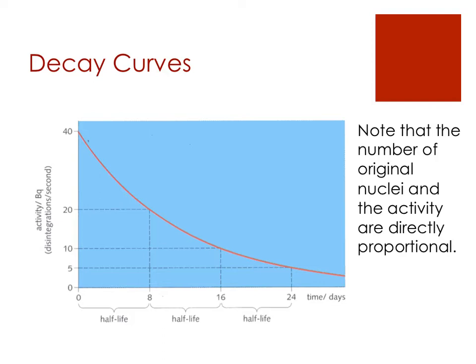Now, one thing I want to point out is that we're not just talking about starting at time equals 0 with this value of 40, the original number of nuclei.